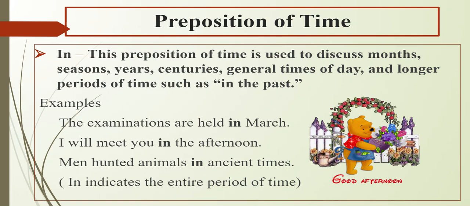So it is used with month of the year. I will meet you in the afternoon. That is timings, any time of the day. Or we're talking about something about the past, like men hunted animals in ancient times. So in is a preposition of time.